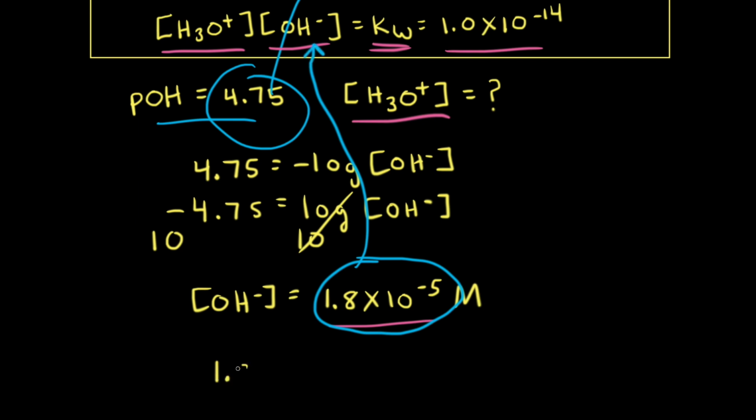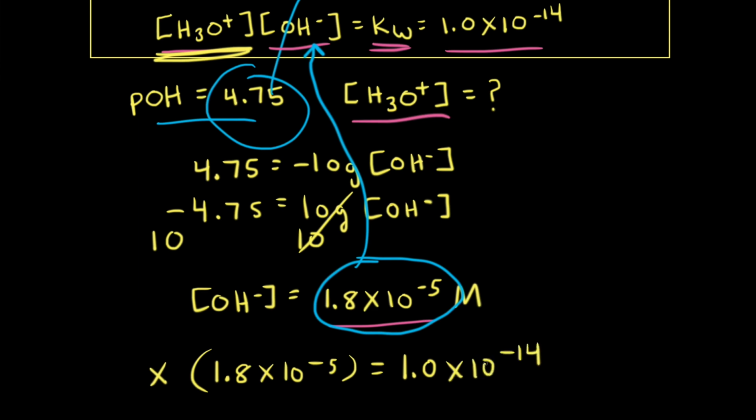That gives us 1.8 times 10 to the negative 5th times the concentration of hydronium ions, which we'll just write as X in our equation, is equal to Kw, which is equal to 1.0 times 10 to the negative 14. Solving for X, we find that X is equal to 5.6 times 10 to the negative 10th. So the concentration of hydronium ions is equal to 5.6 times 10 to the negative 10th molar.